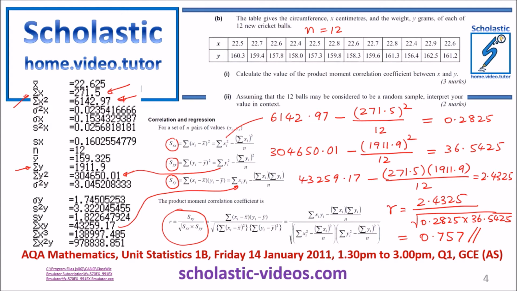That is the product moment correlation coefficient, RPMCC. That is by using the tables given in the supplementary material.